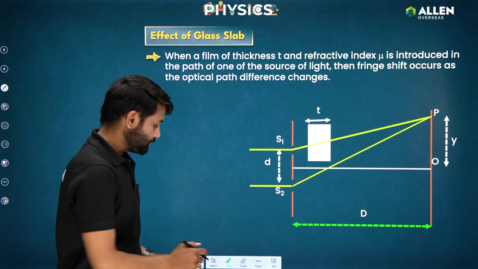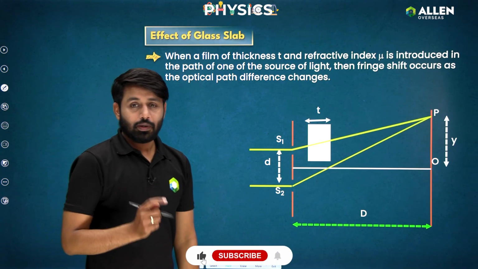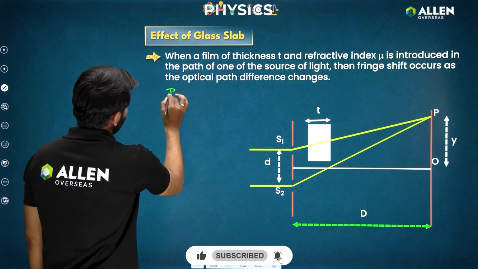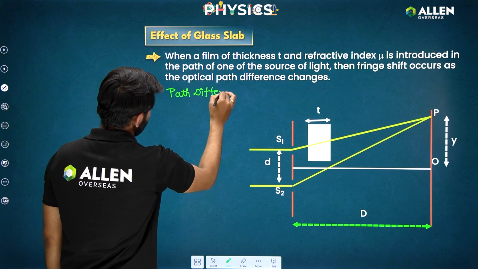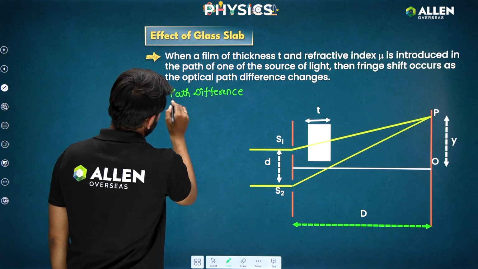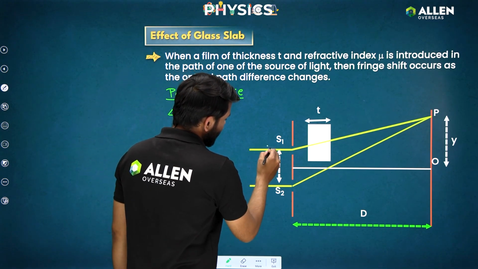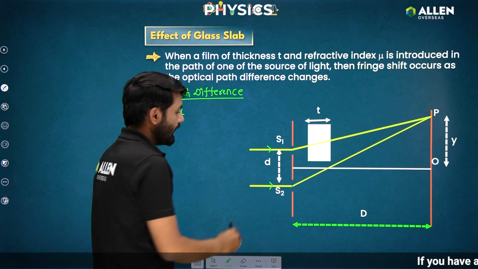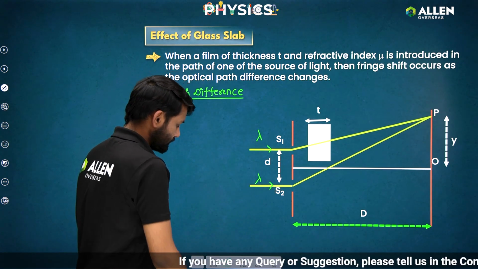Let's understand that. First of all, what we have to do? We have to find out the path difference, okay? So if we calculate the path difference, this is delta x. You can see here, this light is traveling like this, and the wavelength of light is lambda, right, students?